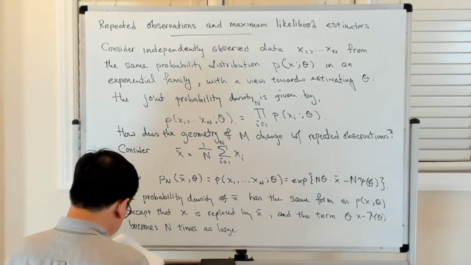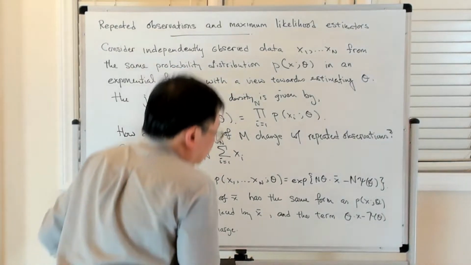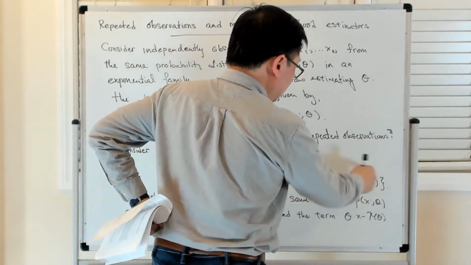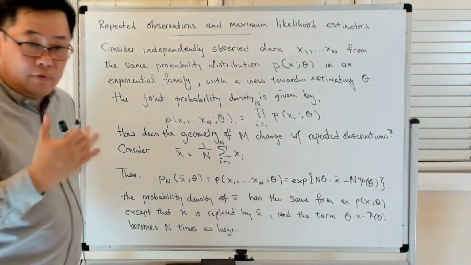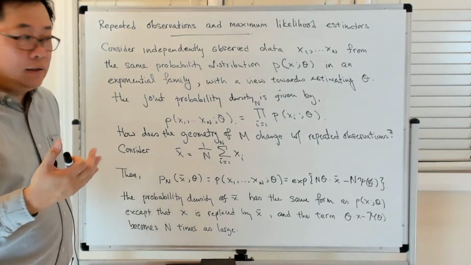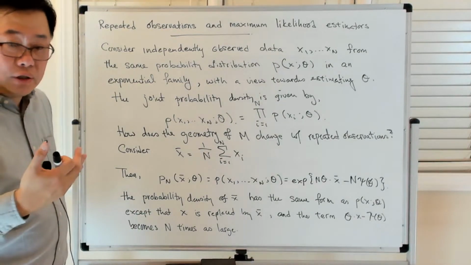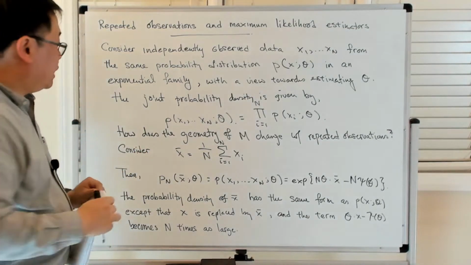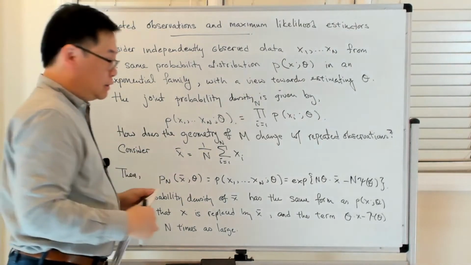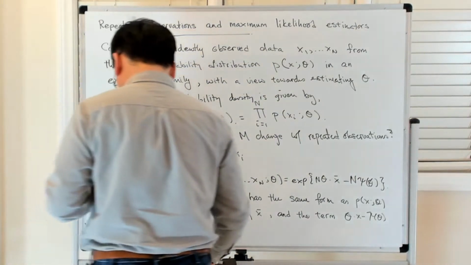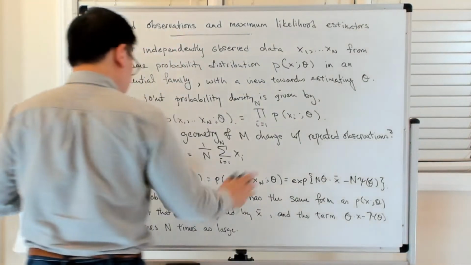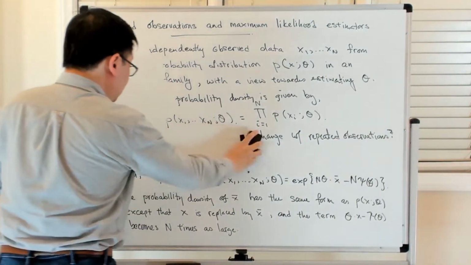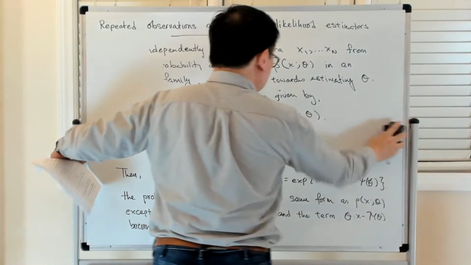In particular, this stuff here doesn't matter so much as this term here. This term is the convex function which generates the corresponding Bregman divergence, which then induces this dually flat geometry on the space of distributions. That's the thing to keep in mind, and that's what's changing as you do these repeated observations.